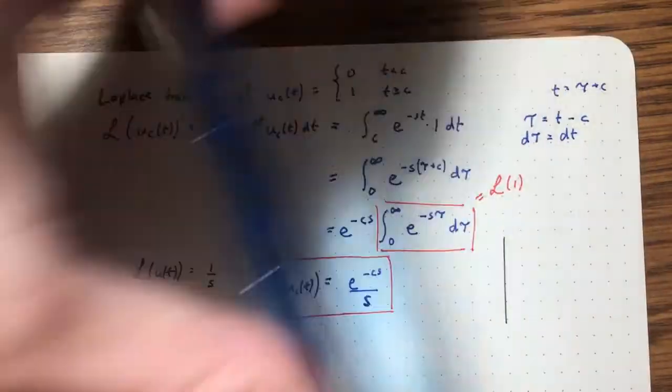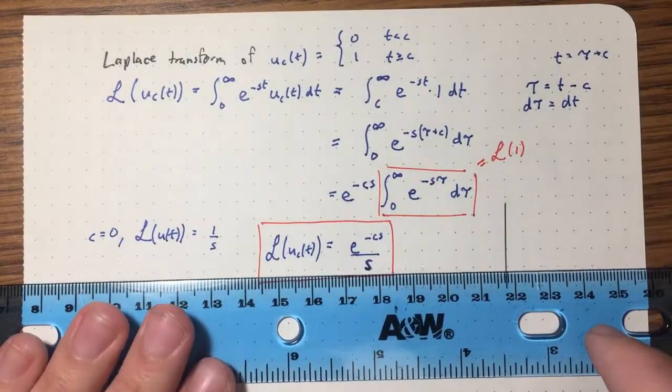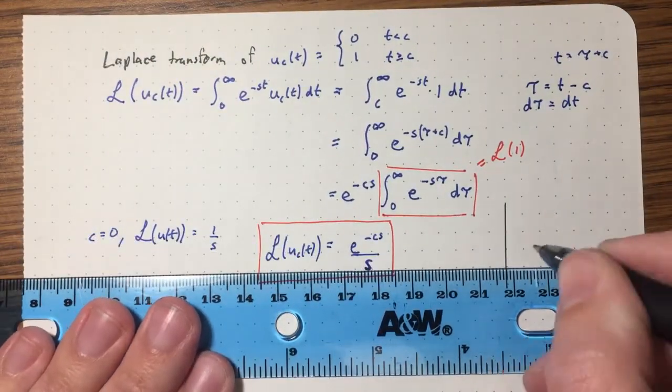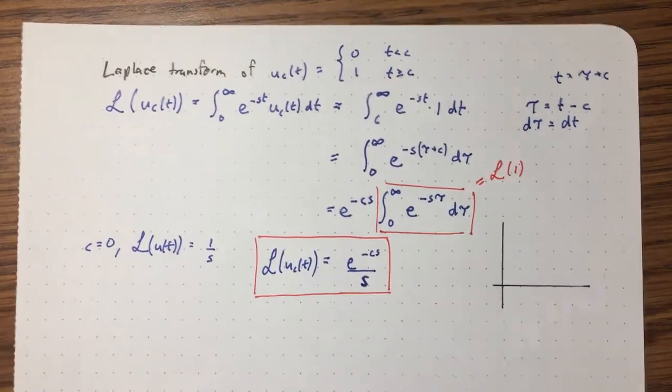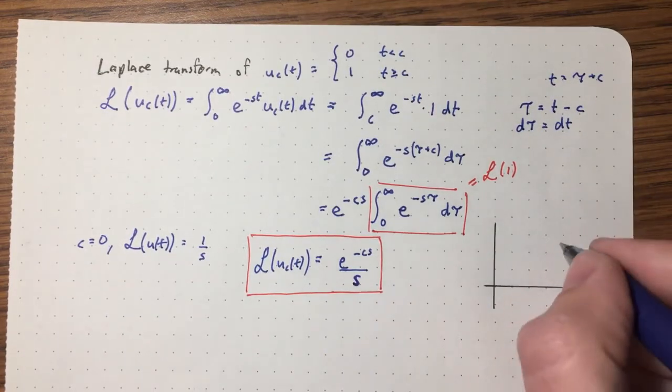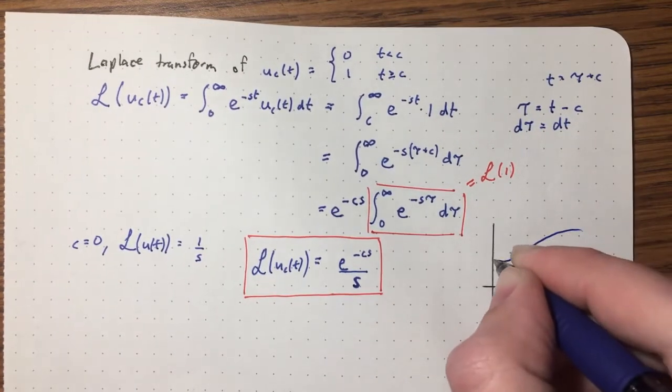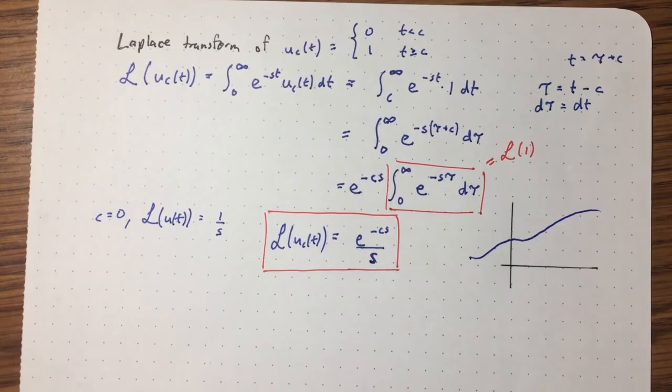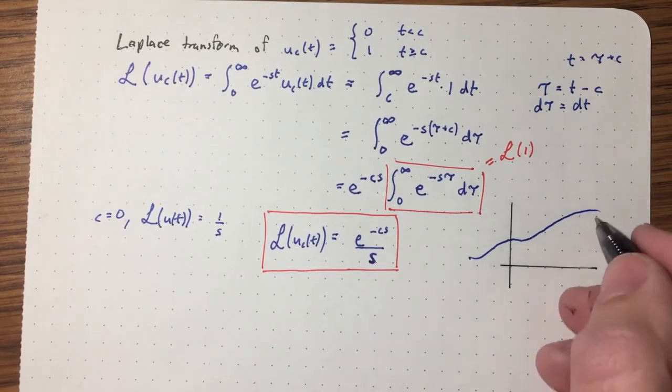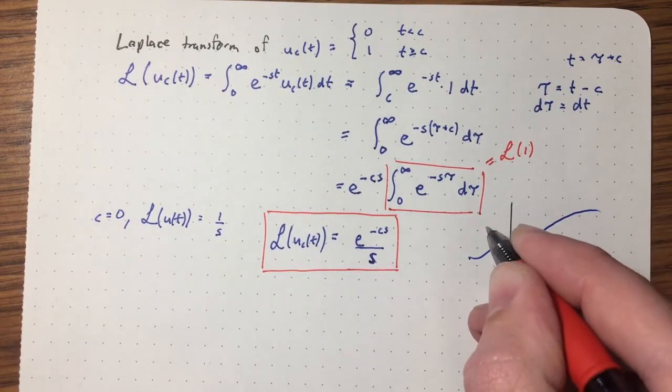If you have, I'm going to draw a few functions here. So let's say I have a function like this. And then let's say I have another function that looks the same here, but then it goes up here.